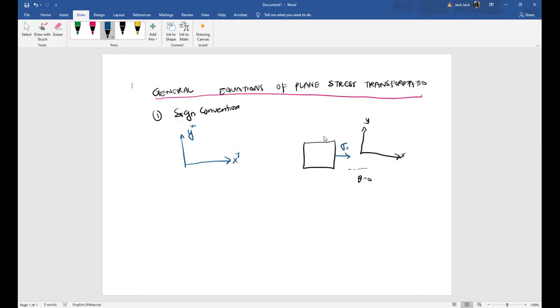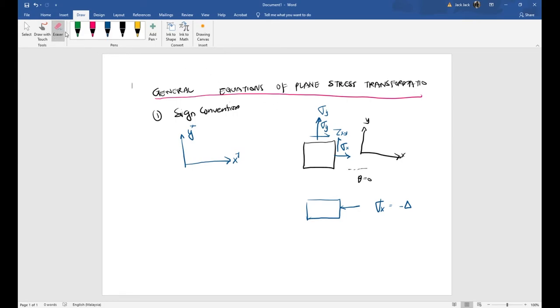Similarly, any sigma y in the direction of positive y will be positive. And shear stress in the direction to the right top of the element will also be positive. So this is our agreement. That means if we have this kind of stress profile, where sigma x is in the opposite direction of x, the value of sigma x will be negative. So that's what it means.